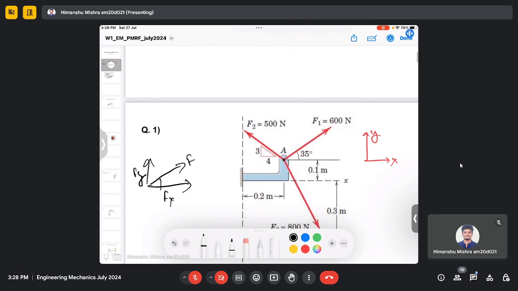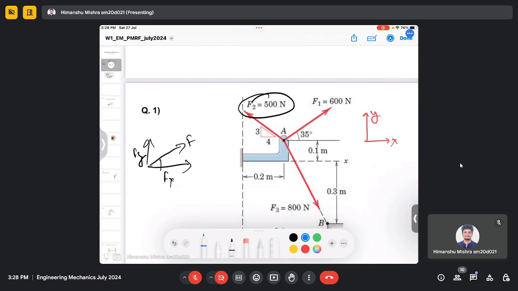Now let's consider force F2. In order to calculate the components of this force, let me draw the Cartesian axes here. This is my minus x axis and this is my y-axis, and I have drawn minus y here as well.